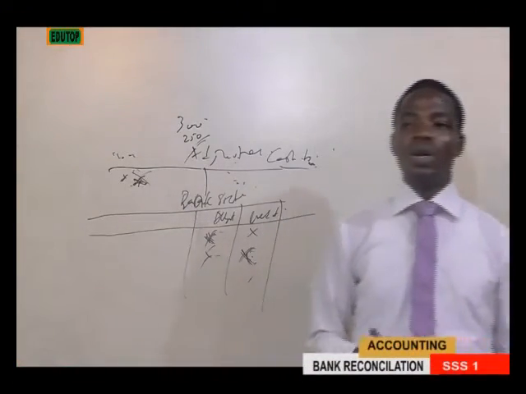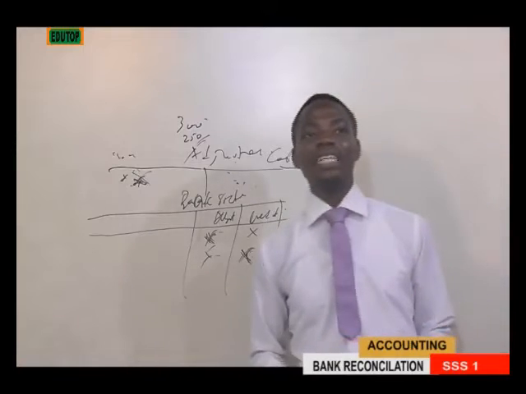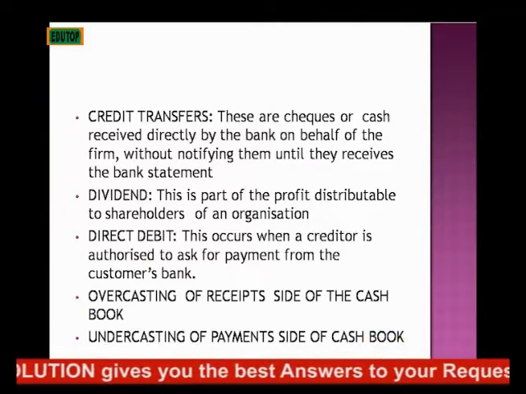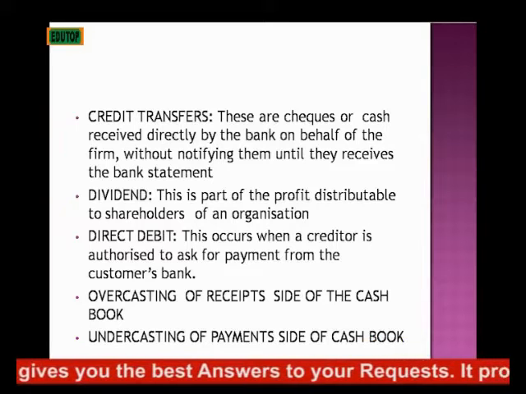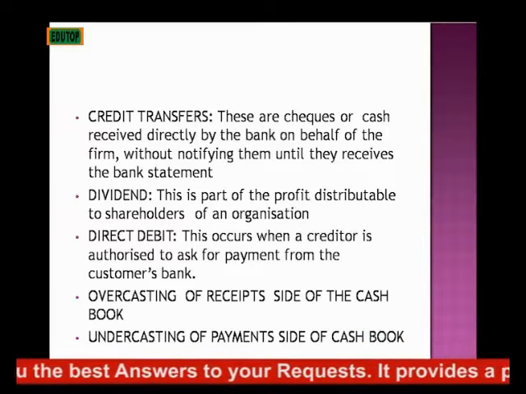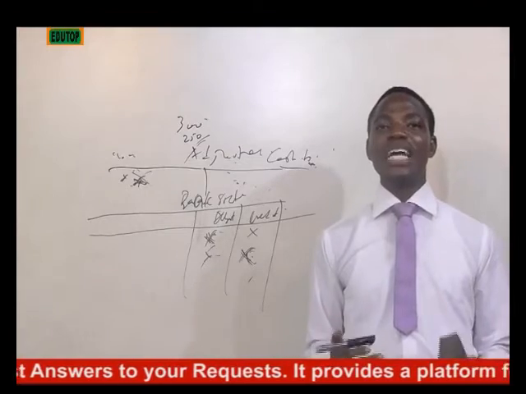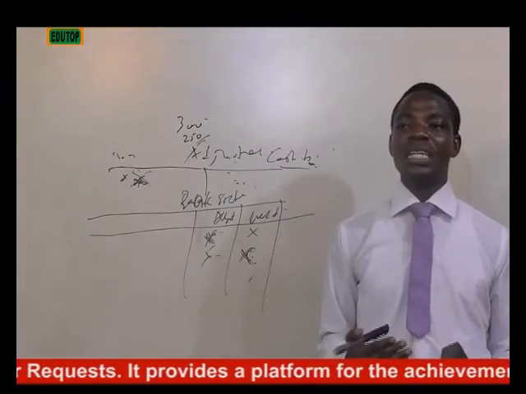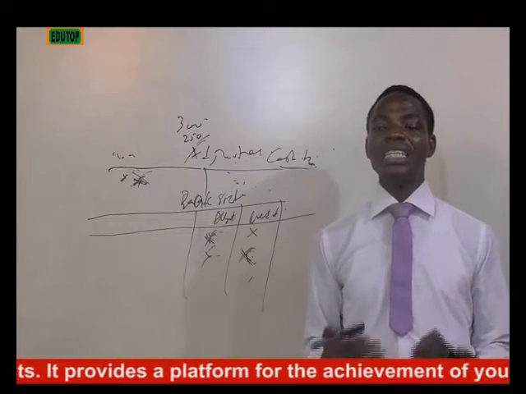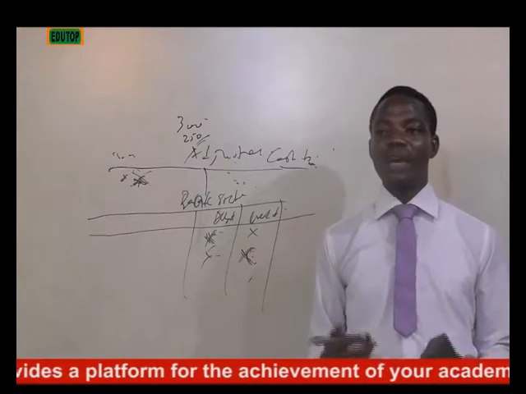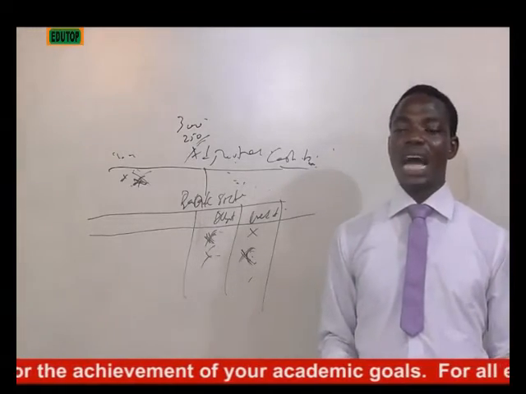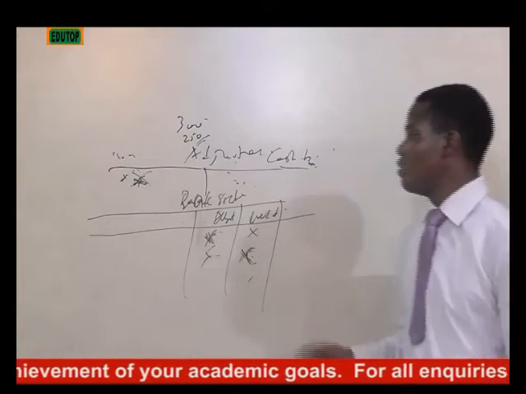Then dividend. What is dividend? Dividend is the part of profit distributed to the shareholders of an organization. When we are talking about dividend, it is an entitlement that a shareholder is entitled to at the end of the year. So as a company, you invest your money as a shareholder, and you are entitled to a dividend at the end of the day.